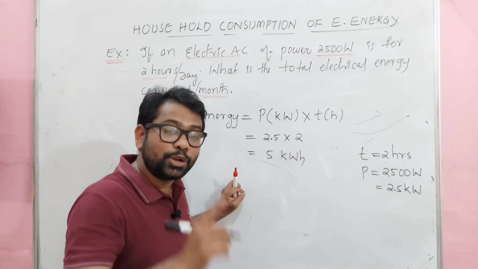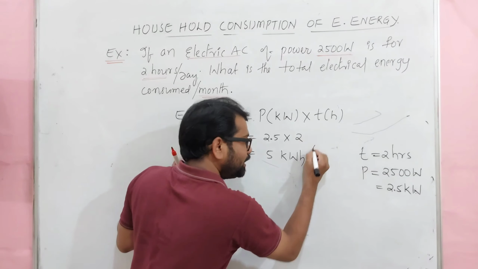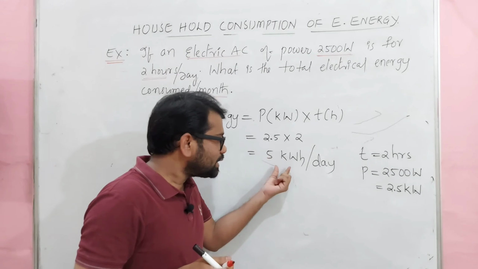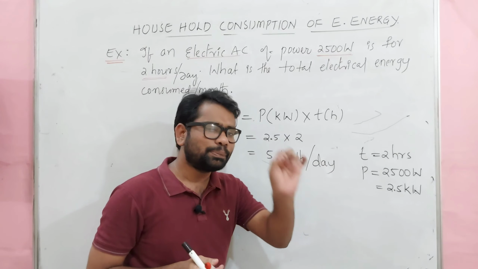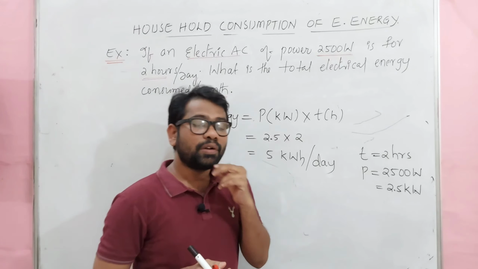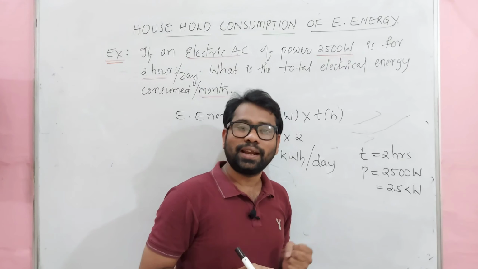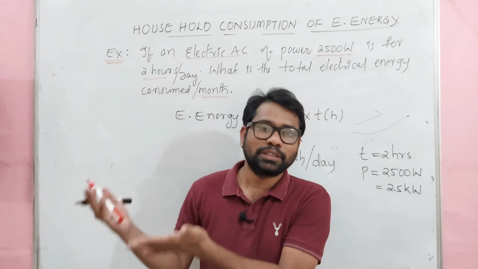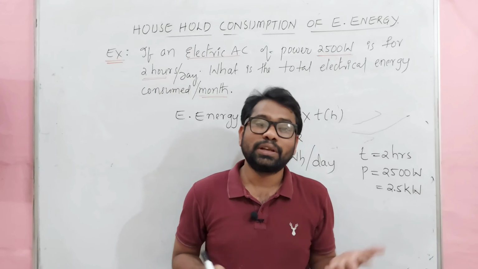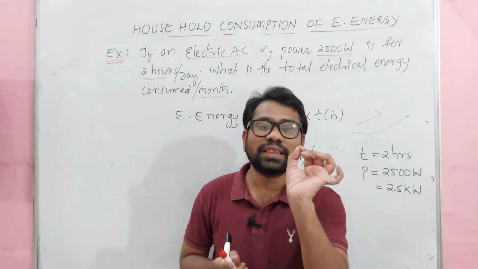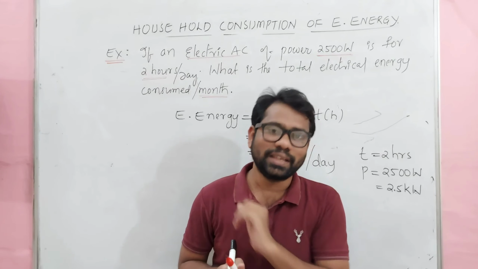But dear children, don't forget that this is per day only. This is the electrical energy consumed by that particular AC when it is operated for 2 hours daily. But month means, we may get one doubt: sir, February has 28 days, some other month 30, some other month 31, then which one should we take? Children, on average, generally for a month we take 30 days only.